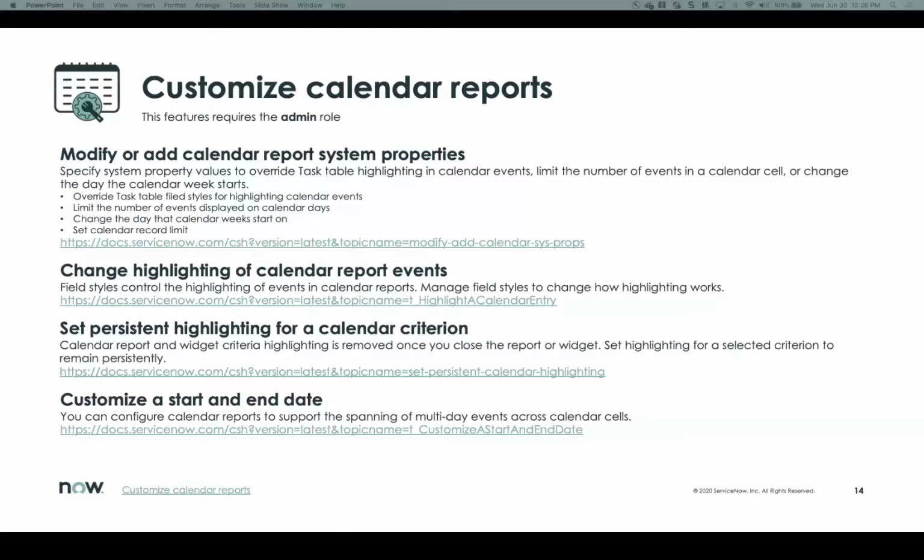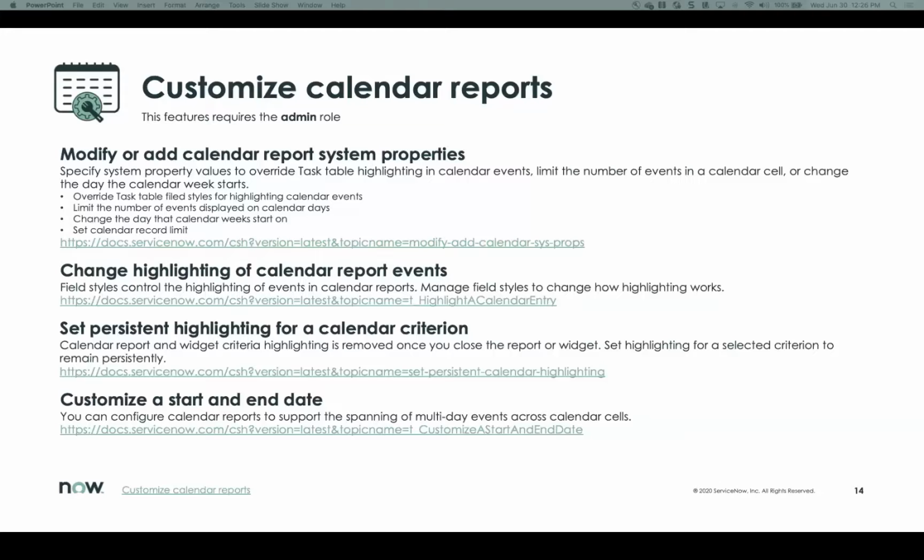Quite often I see in the community someone asking, maybe not necessarily about calendars, I want to start my work week on a different day. Well, if you're utilizing calendars for, say, incident, you can start that calendar on a different day and attach some colors to that. You can set how many different things you want to see on a particular day.